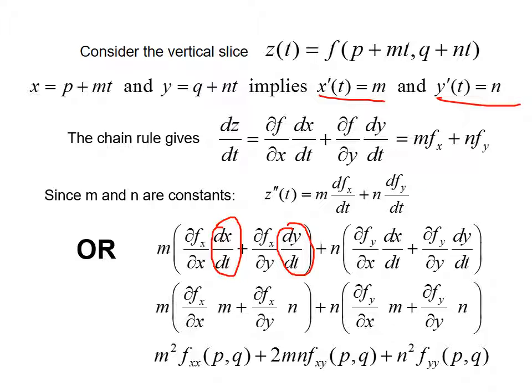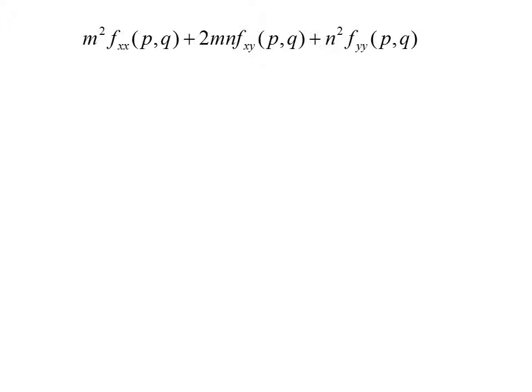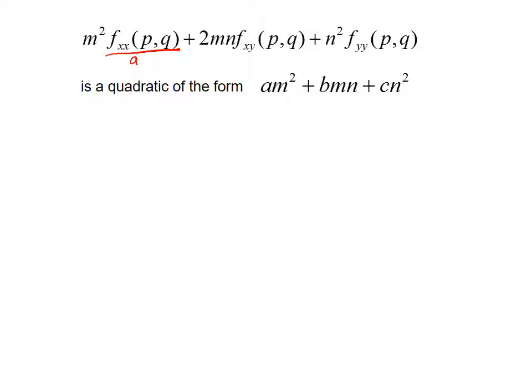Now let's investigate that formula. So you notice that this is like a quadratic: something times m squared, where the something is what we're calling a, something times mn, which is our b, and something times n squared, which is our c.